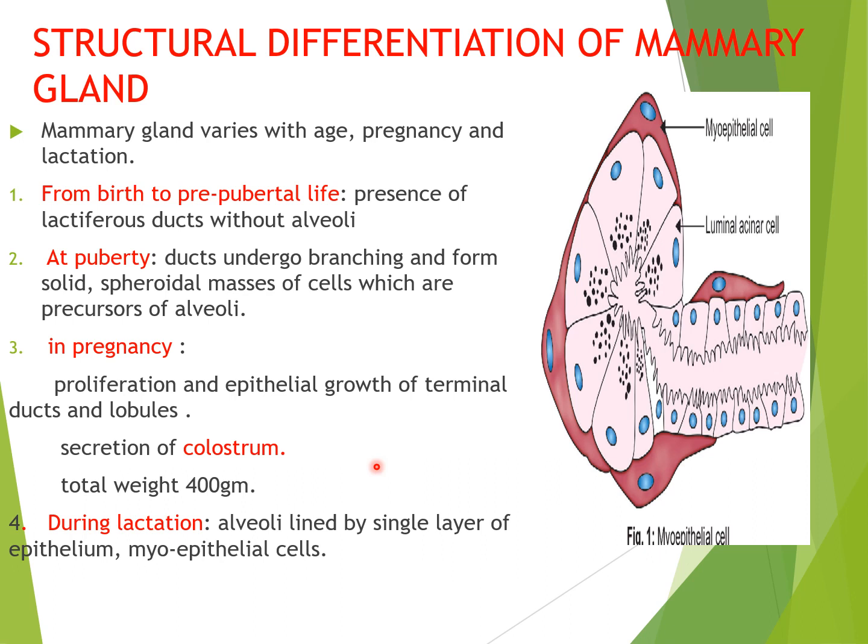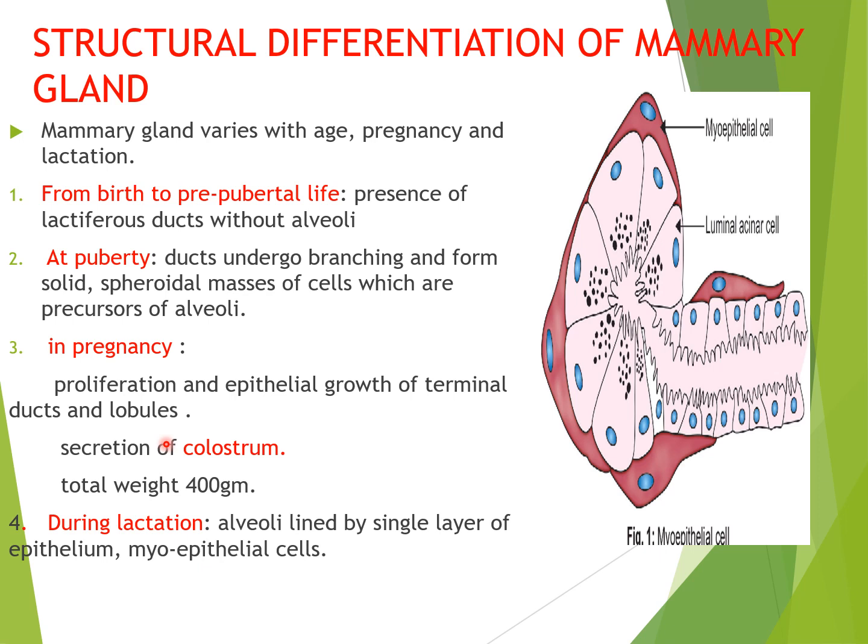Regarding the structure of the breast, we discussed glandular tissue, fibrous tissue or fibrous stroma, and interlobar fatty tissue. In detail we discussed glandular tissue. At last we discussed the structural differentiation of the mammary gland from birth to pre-pubertal life, at puberty, in pregnancy, during lactation and after lactation. And finally we also discussed hormones acting on the glandular tissue.